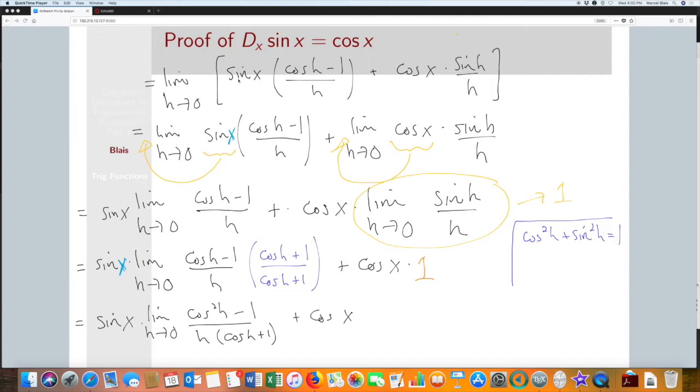If we subtract 1 from both sides, we have cosine squared h minus 1, and then we subtract sine squared h, so it is negative sine squared h.